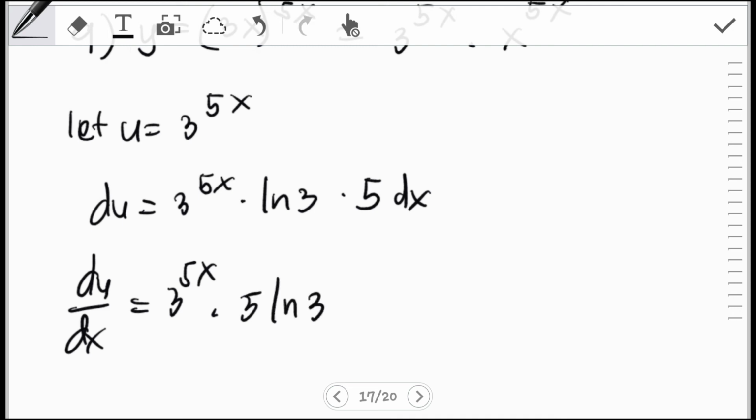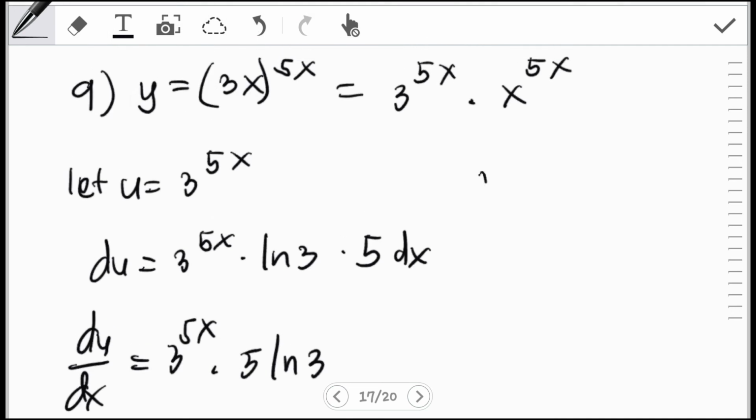Okay, so where v, that is equivalent of x to the power 5x, that is equals to, so we raise that into e.